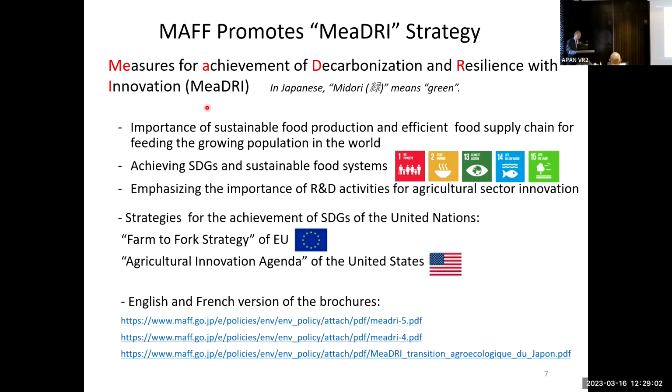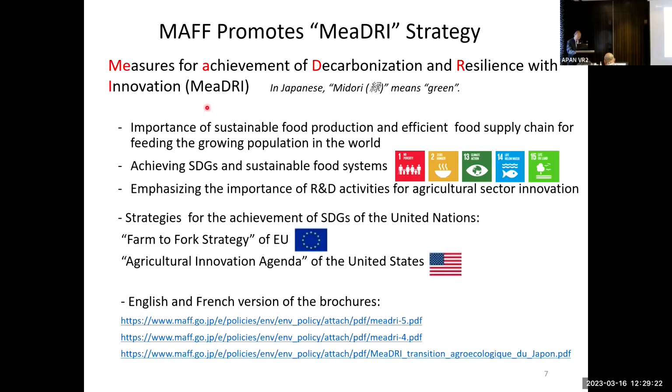Sustainable food production and efficient food supply chain is indispensable to feed the growing population in the world. And this strategy is established to achieve the SDGs, Sustainable Development Goals of the United Nations.